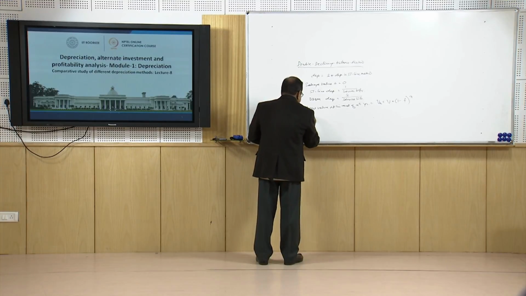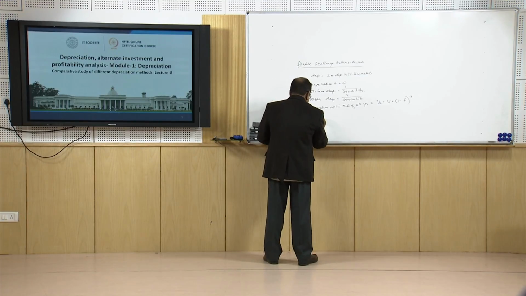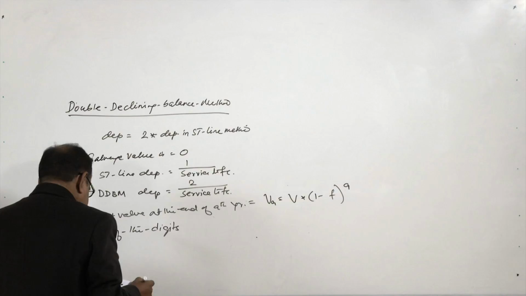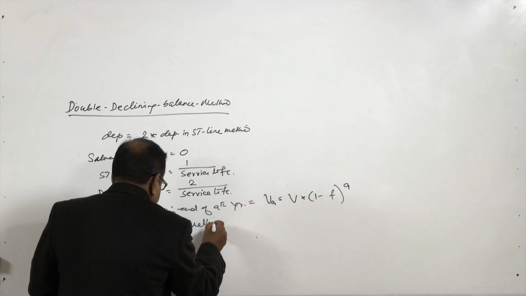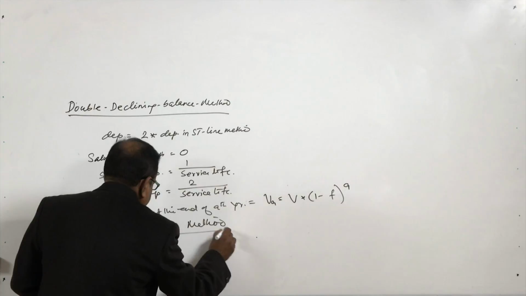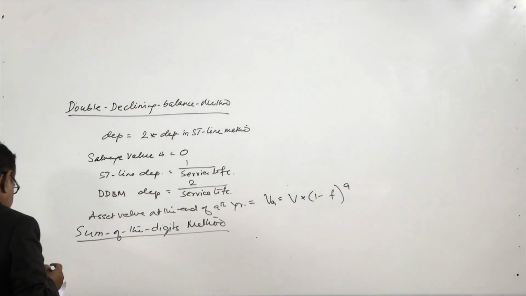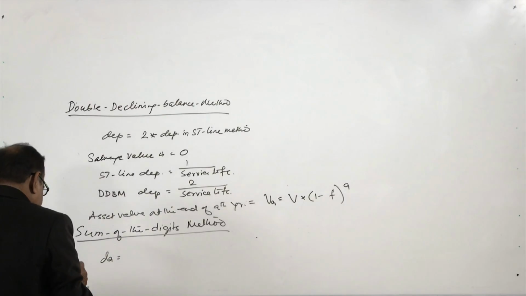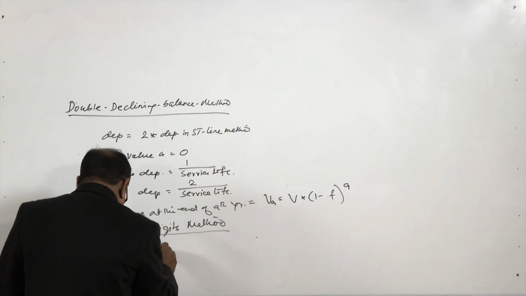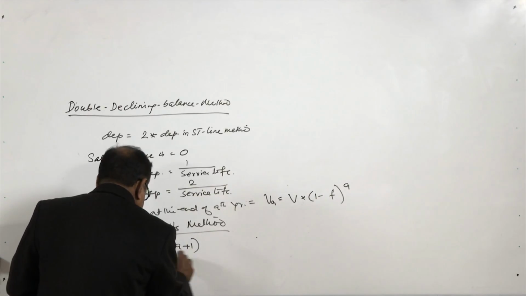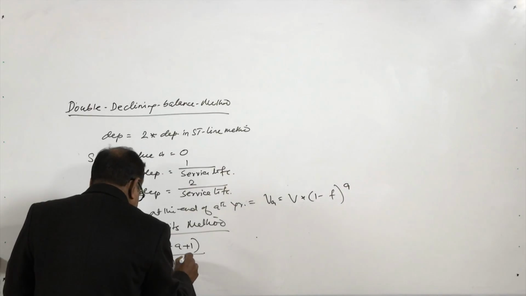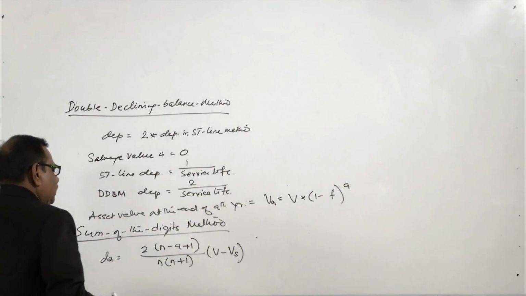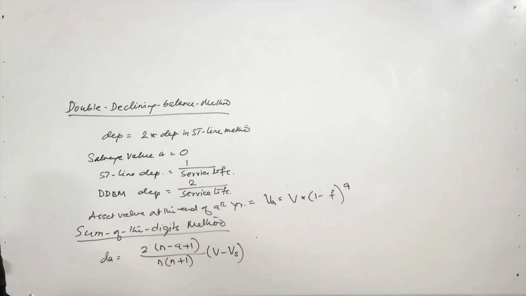Now, in the sum of the digits method, DA, that is depreciation in the year A, is equal to (2 into (n minus A plus 1)) divided by (n into (n plus 1)) into (V minus Vs), where n is the service life of the equipment.